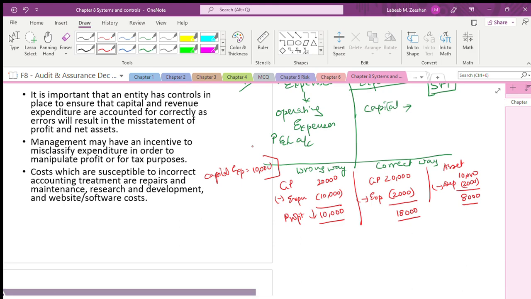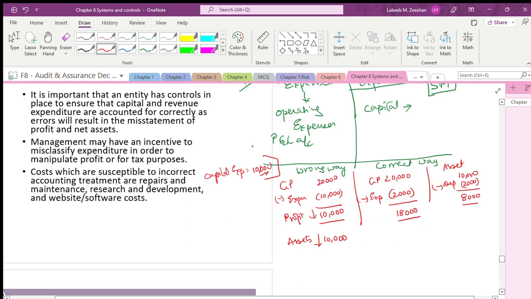Here, what's happening if you do it the wrong way? Not only will your profits decrease, but your assets will also be less by 10,000, because you are not showing it as an asset.